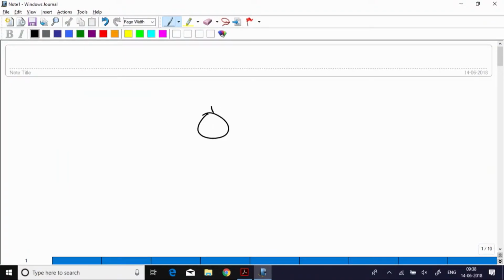A more compact way of writing that is the following. This is your neuron, this is the output y, and you have several inputs x1, x2, up to xm, and you have the corresponding weights also up to wm.